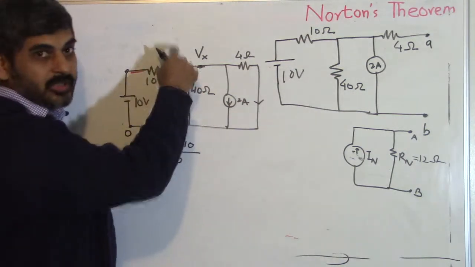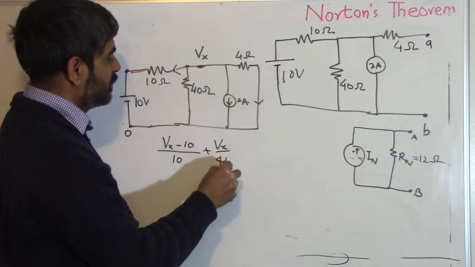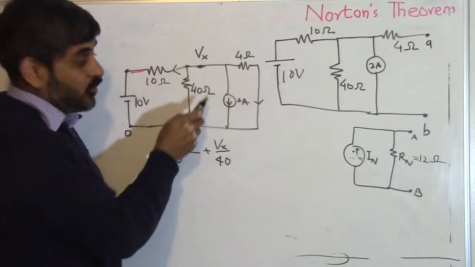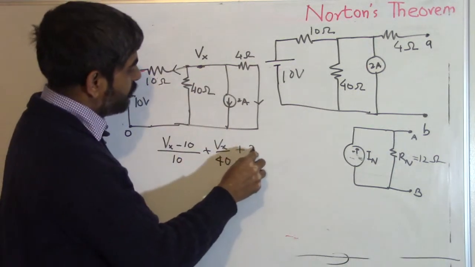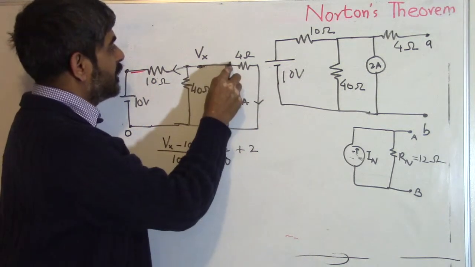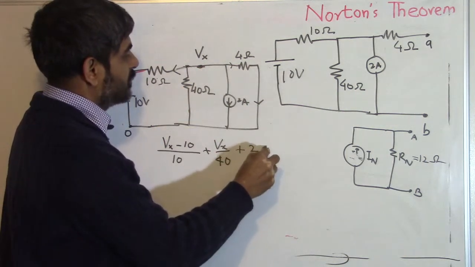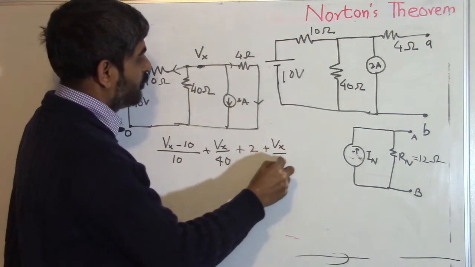The current flowing in this resistor is going to be Vx divided by 40. The current flowing in this one is given as 2 ampere. And finally the current flowing in this resistor, let us say it has this direction, will be Vx upon 4.